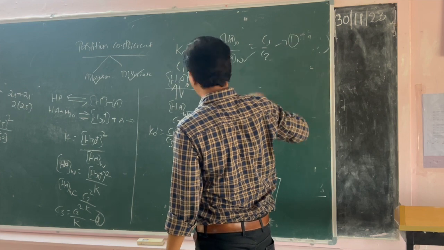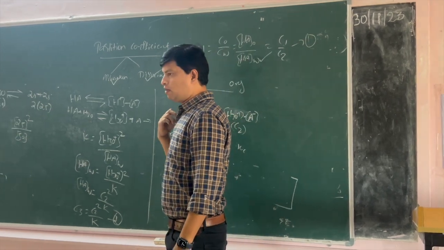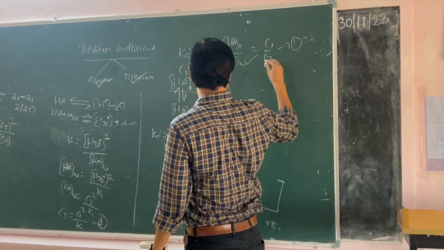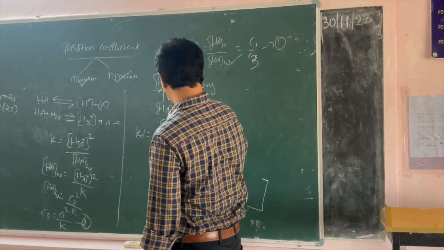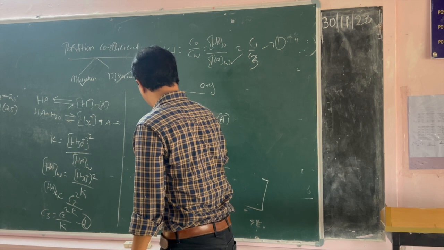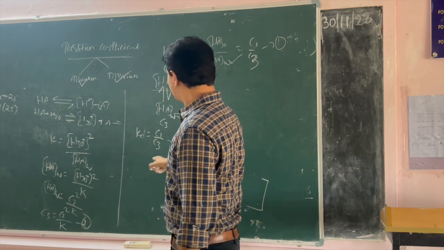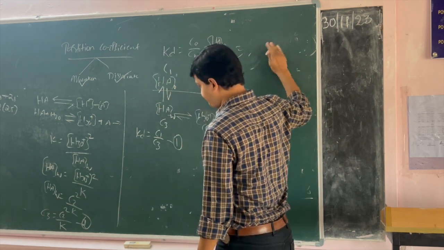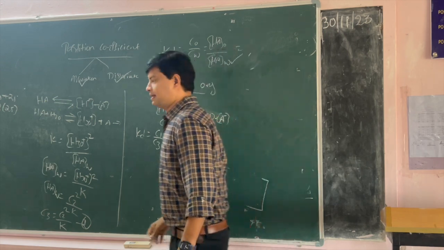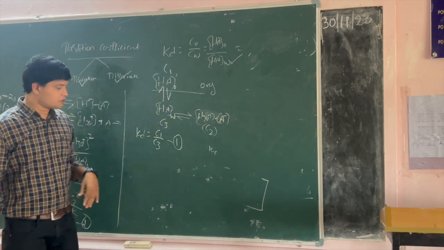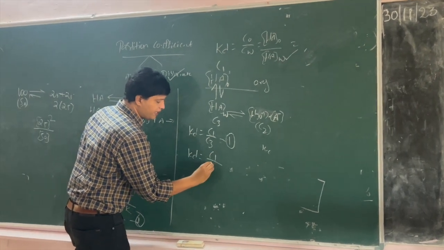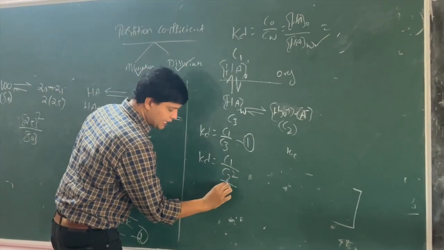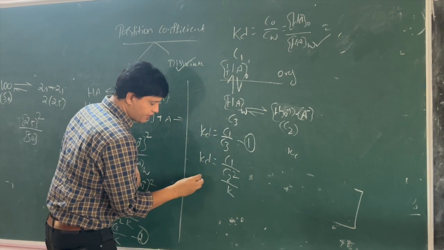Equation 1. Substitute 2 in 1. So KD is equal to C1 by C2 square by K. So K will come here.